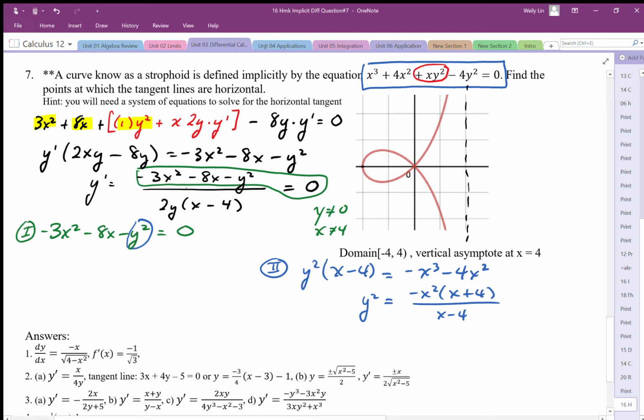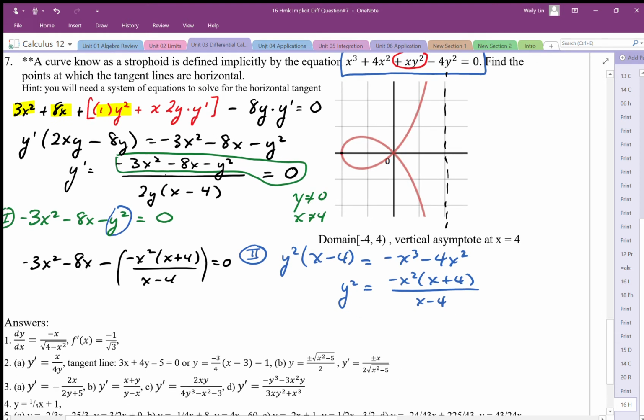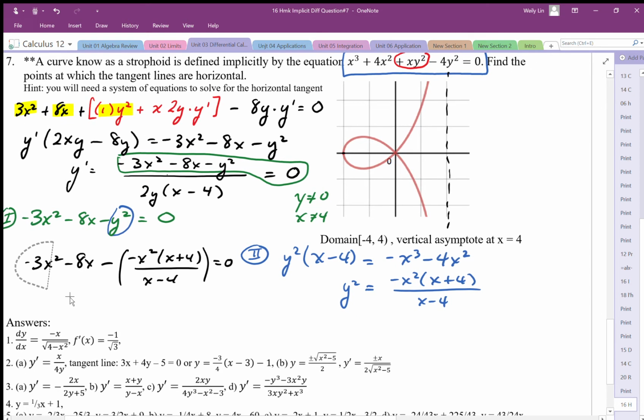I get negative 3x squared minus 8x minus negative x squared times x plus 4 all over x minus 4, and that's equal to 0. Taking this equation, I'm just going to move it down here so I have room to work.